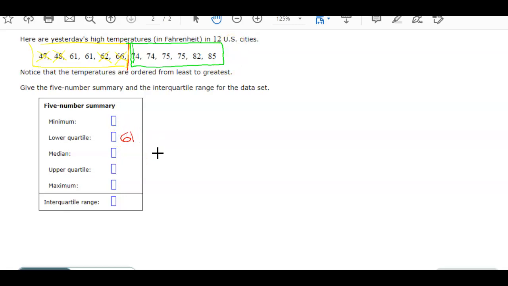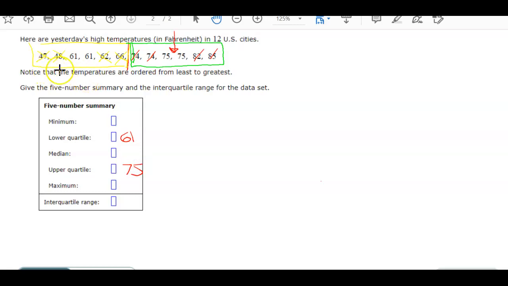Now let's do the same thing for the upper quartile. So let's cross off one here and one here, here and here, and we have two 75s. So if I add 75 up and divide by 2, because there's two of them there, I'm still going to get a 75. Okay, so the upper quartile is going to be 75.